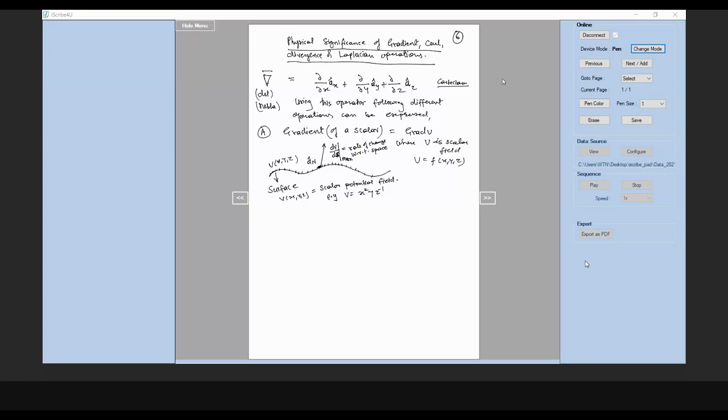Whatever this maximum space rate of change in the normal direction is, that is called the gradient of scalar function V. Hence, from this concept, we can define grad of V as equal to dV by ds of V max in the a cap n direction. This is the physical or practical definition of gradient.